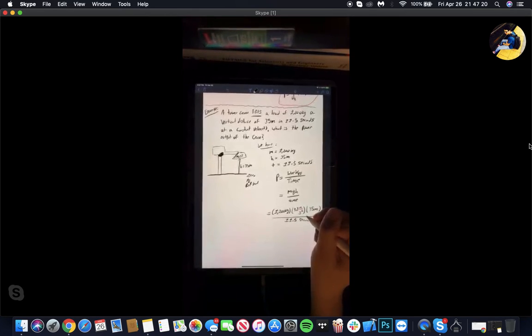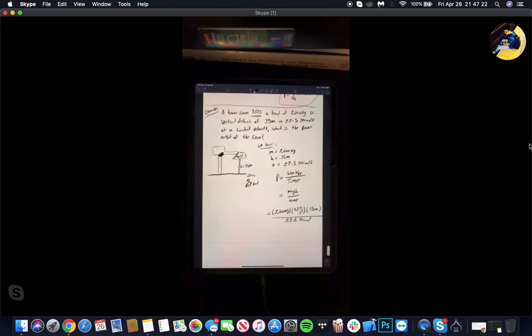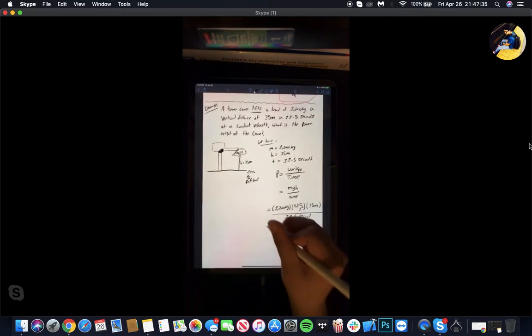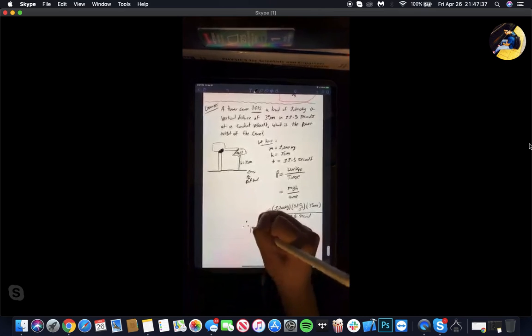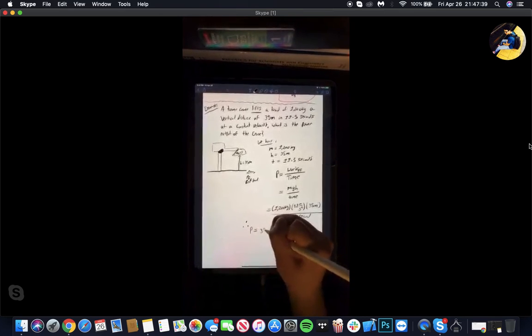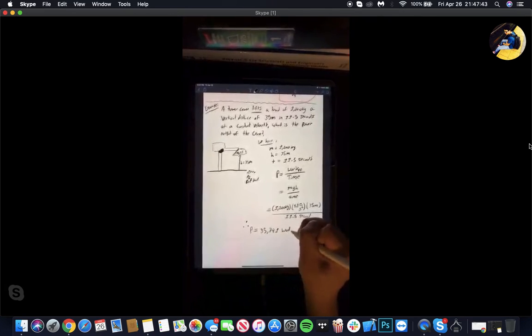Now we take this and calculate it. 1,200 times 9.8 times 35 gives you 411,600. Divide that by 11.5. Therefore, power equals 35,791 watts.